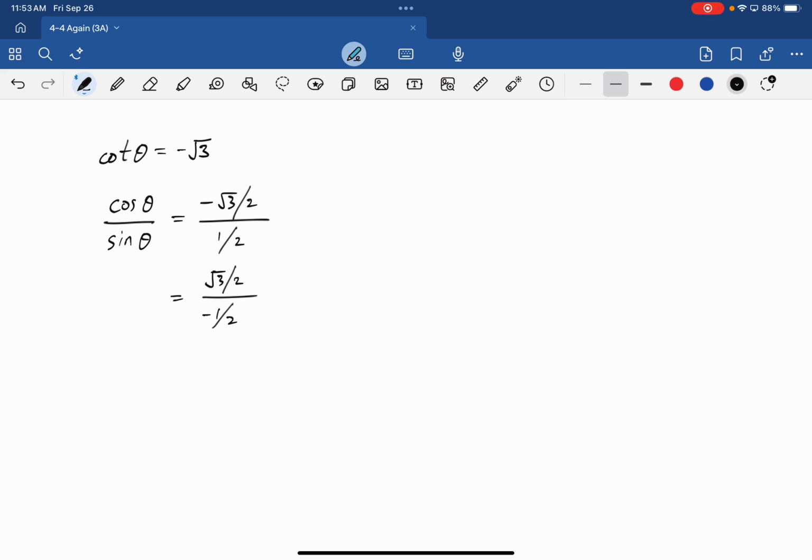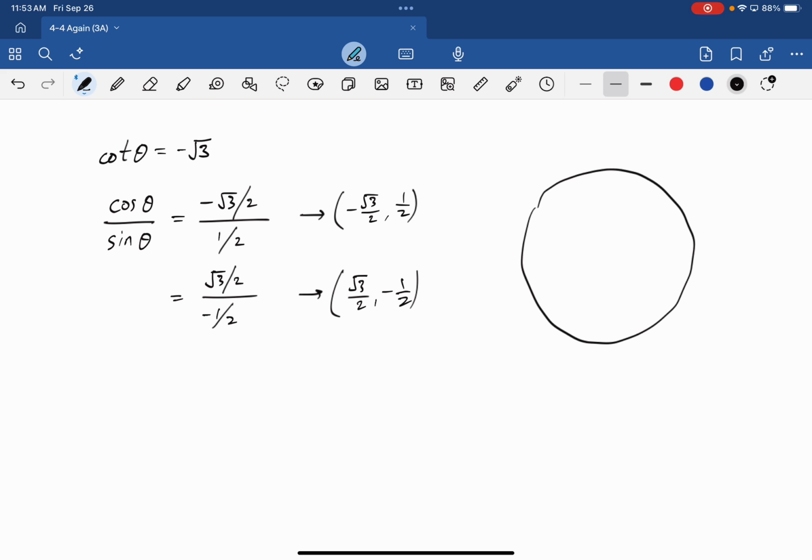So in terms of coordinates, that's negative root 3 over 2, comma 1/2, or positive root 3 over 2, comma negative 1/2. And so on the unit circle, we would be able to find this point and this point. So that's 5 pi over 6 and 11 pi over 6.